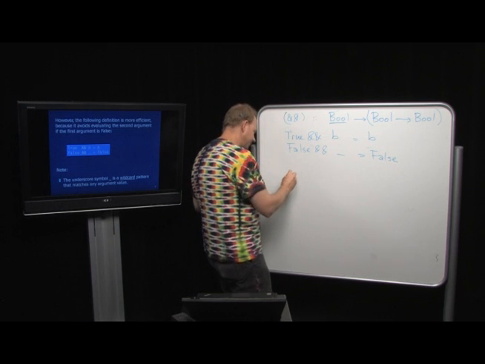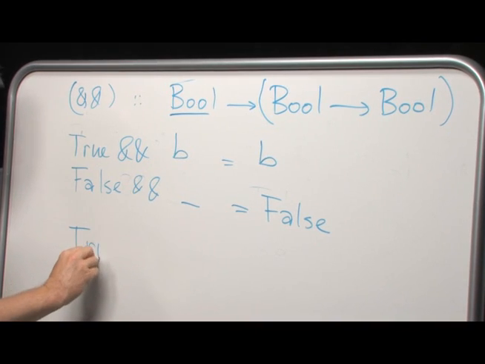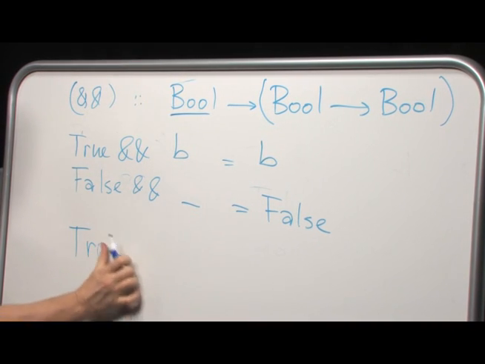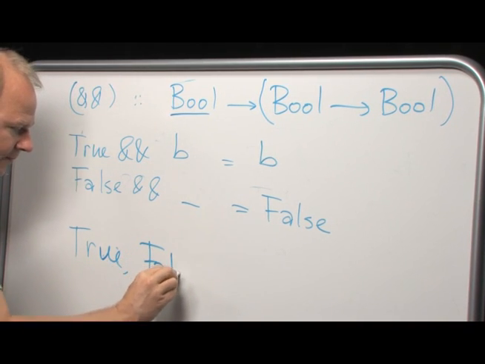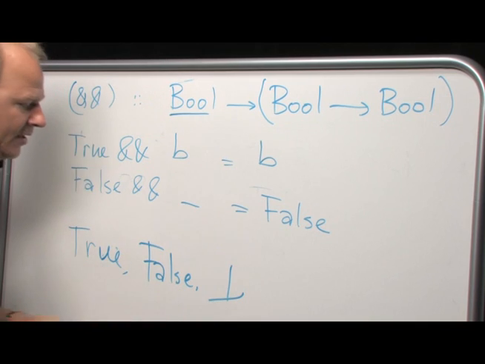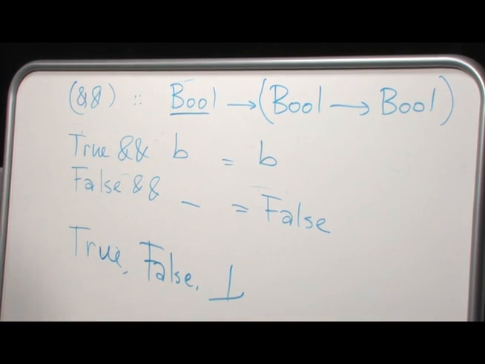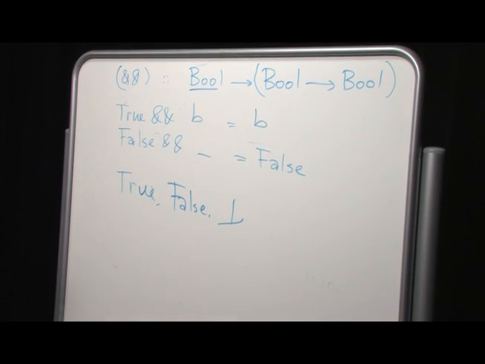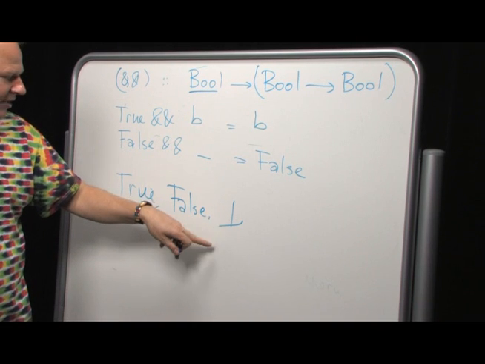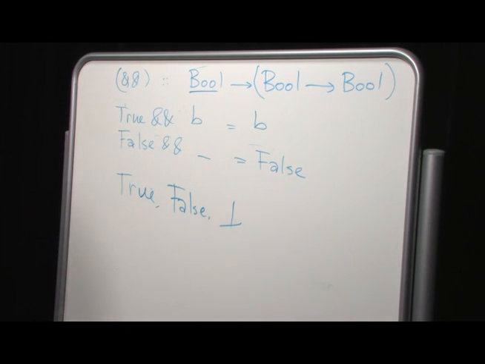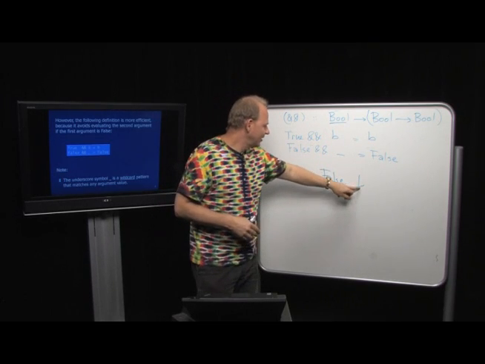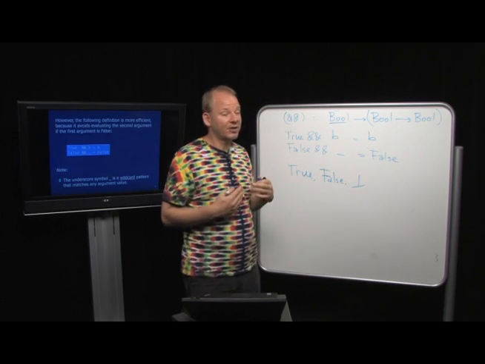So the values of type bool are true, false, and bottom, which is the non-terminating function that will return a bool. But since it's lazy, you don't know. It's not a value that you can pattern match, but it's a proper value of something of type bool.